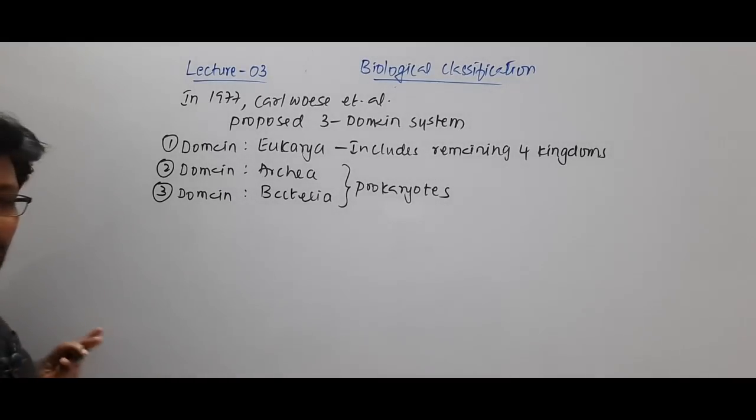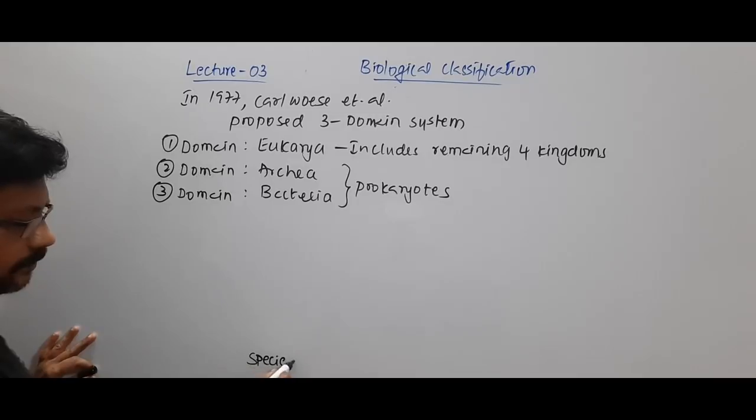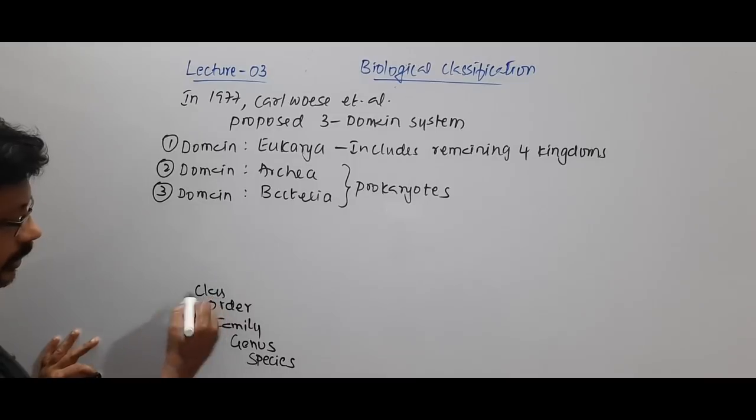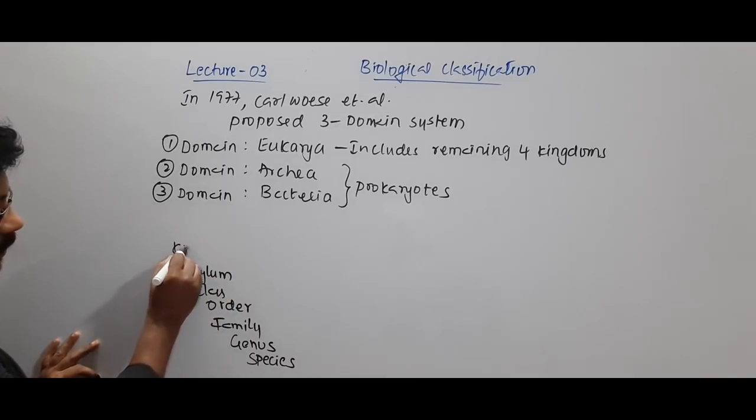So we know that the taxonomic hierarchy all starts with the species. Then above that we have genus, then family, then order, class, phylum, kingdom.